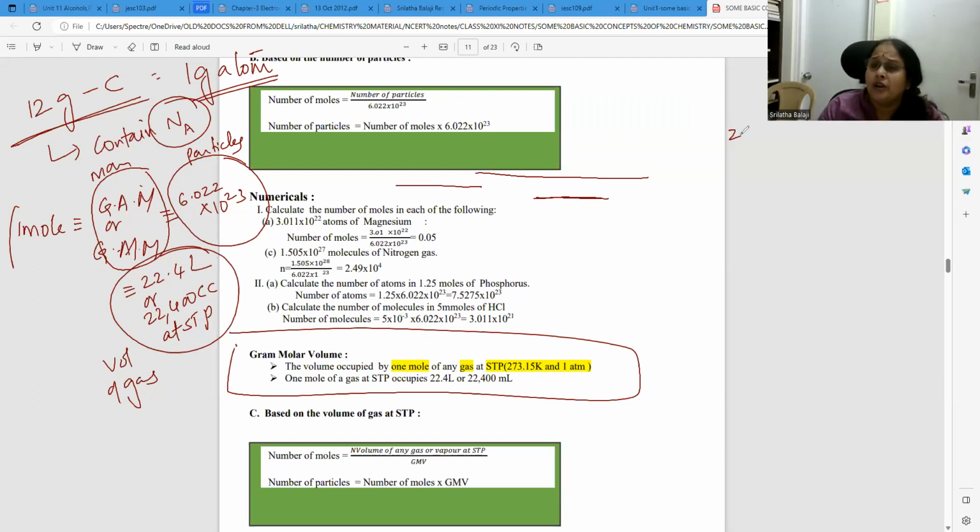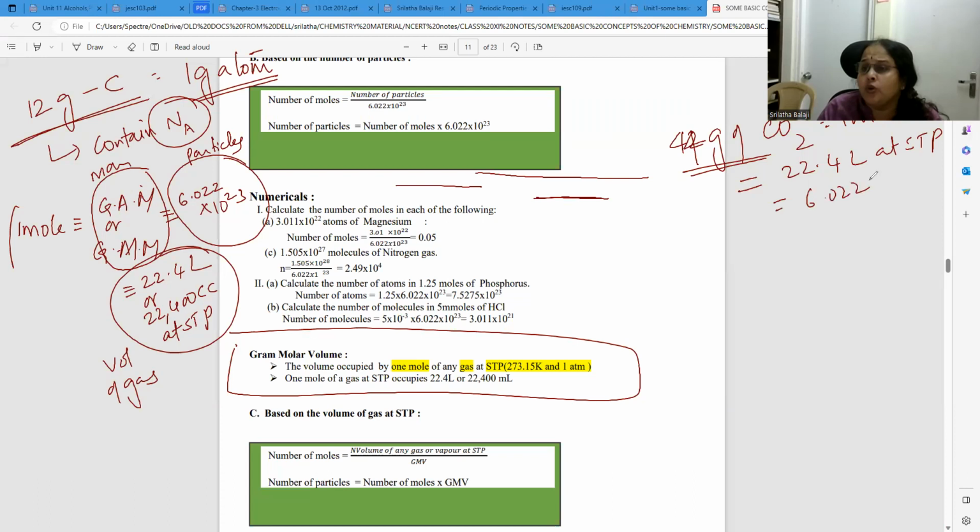I said 22.4 liters is 44 grams of carbon dioxide. This is 1 mole of carbon dioxide. It's a molar mass. This will occupy 22.4 liters at STP, and it will contain 6.022 into 10 power 23 molecules.